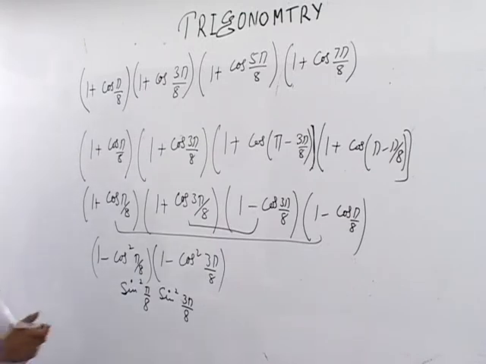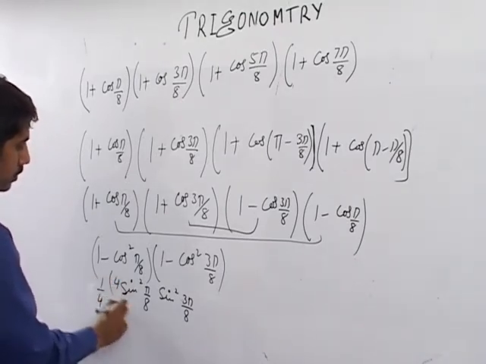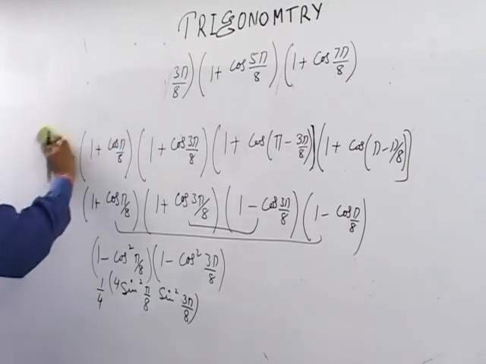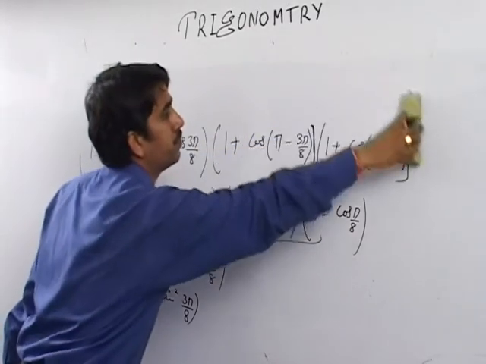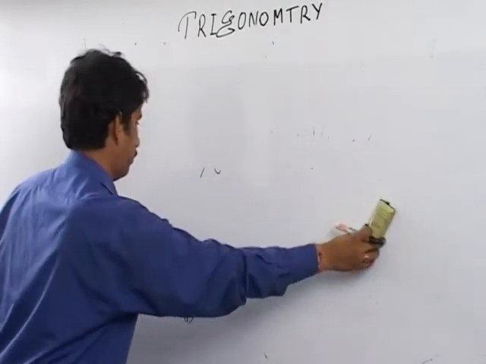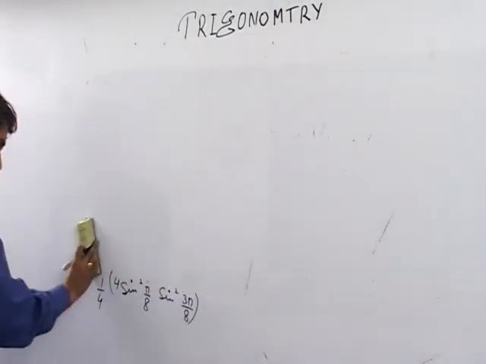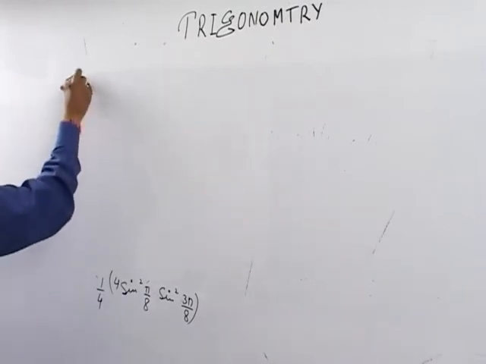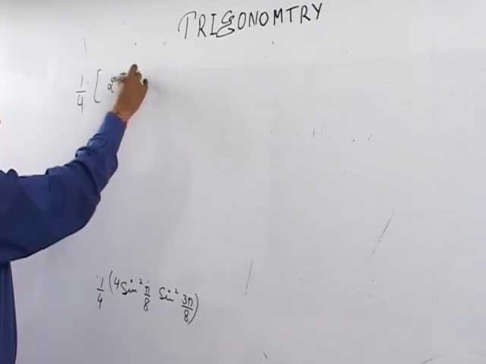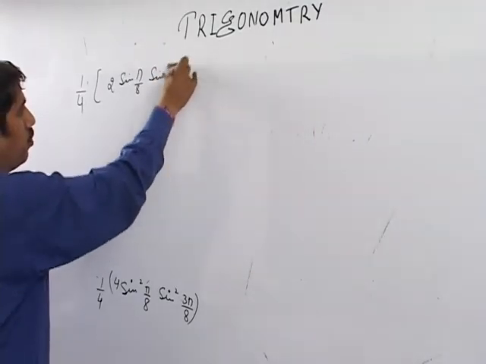Now when you multiply this by 1 by 4 and 4, then this will become 1 by 4, this is 2 sin pi by 8 sin 3 pi by 8 whole square.